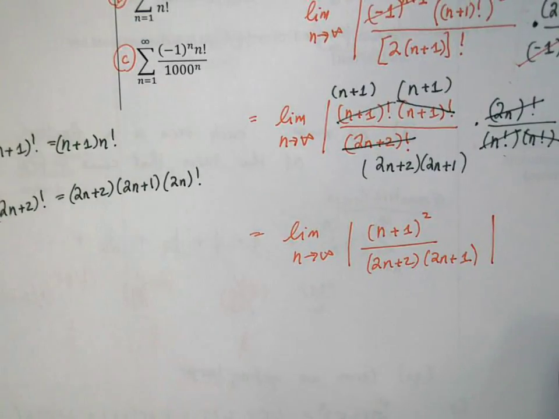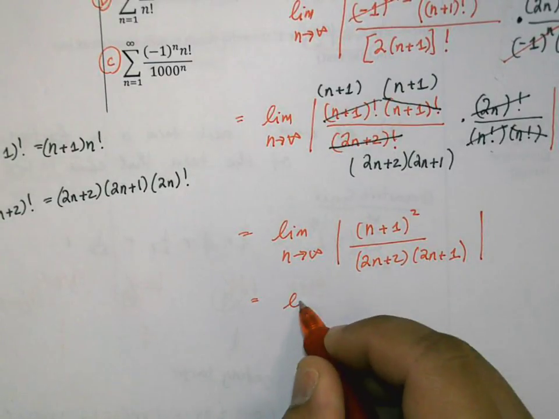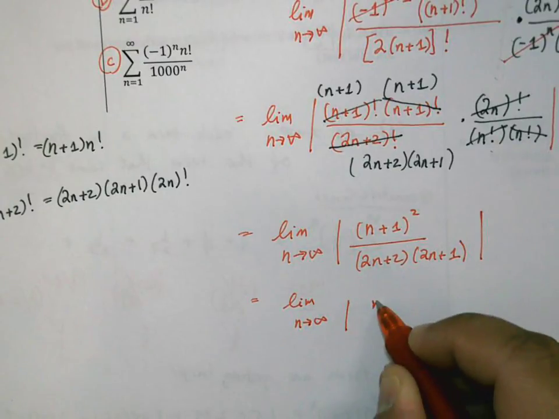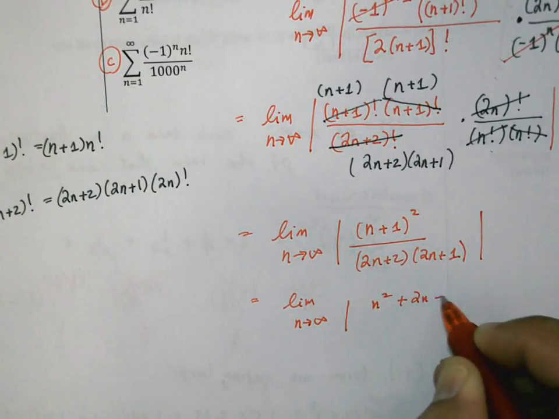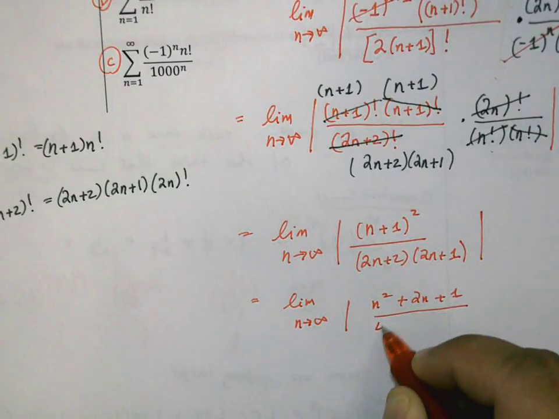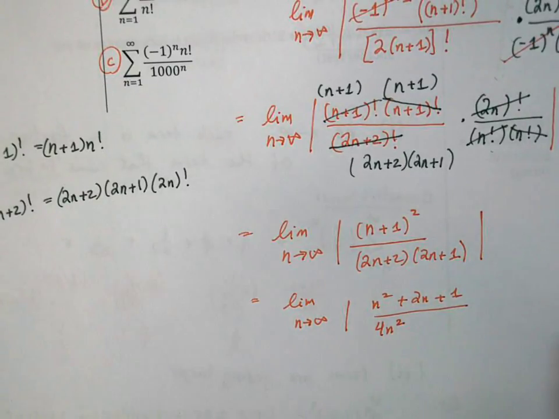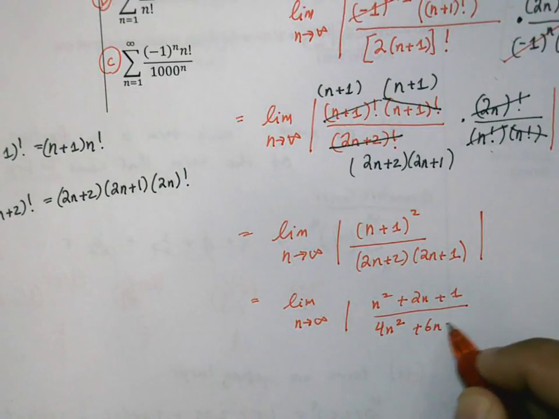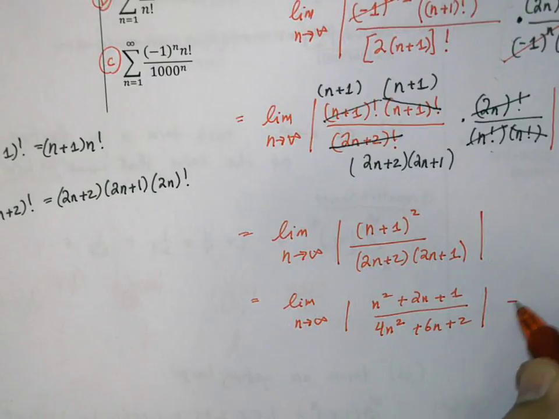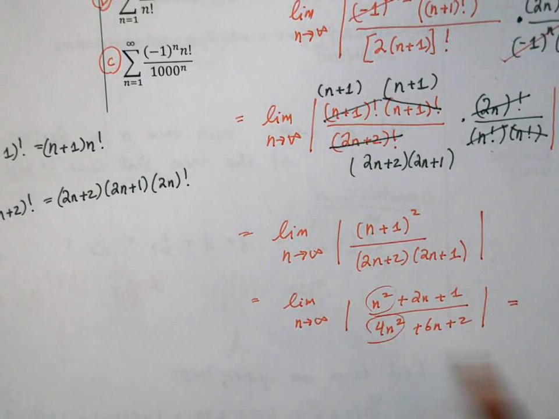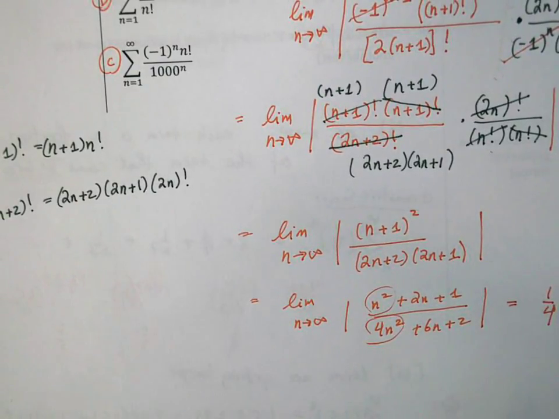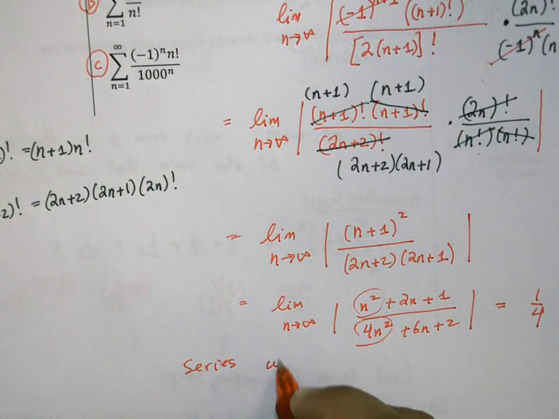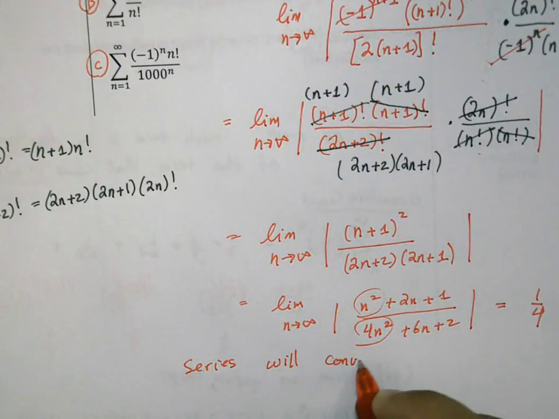So now there is a little bit more algebra that has to be done here. The top will give us n squared plus 2n plus 1. The denominator will give us 4n squared plus 6n plus 2. In the long run, you look at the leading terms, and this will approach 1/4. So that means the series will converge.